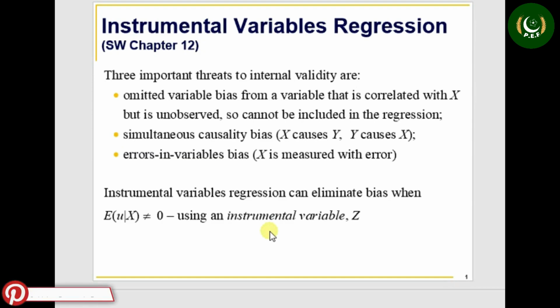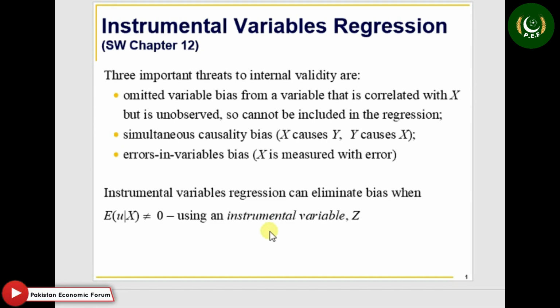We have discussed internal and external validity of a regression model in one of the videos. I'll provide the link in this video as well. There are threats to internal validity. Omitted variable bias: you don't have data on a variable, it's unobservable.